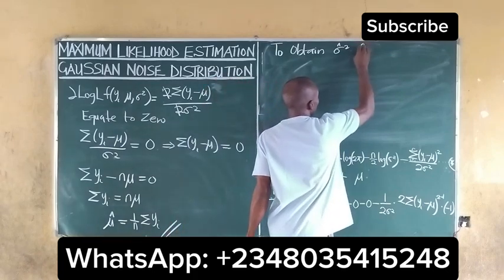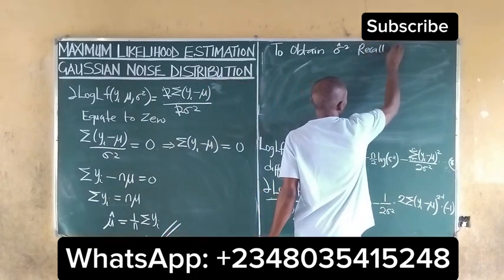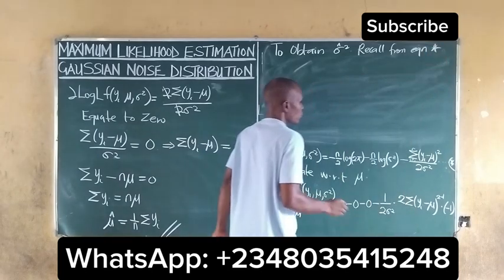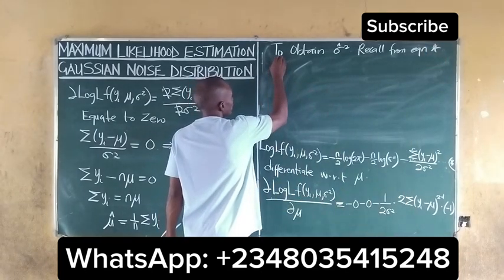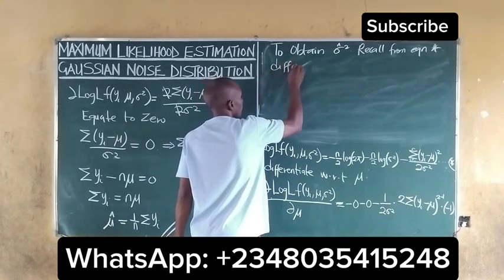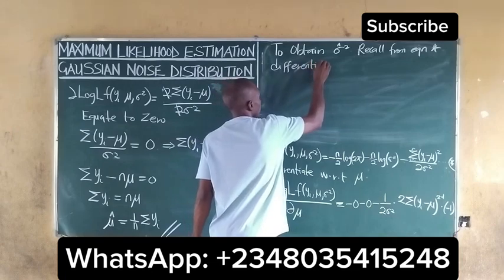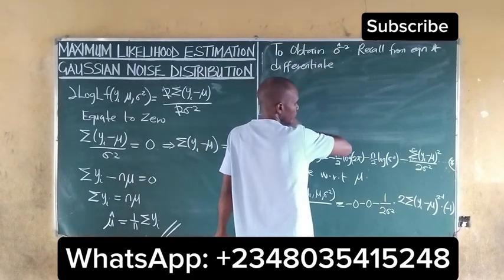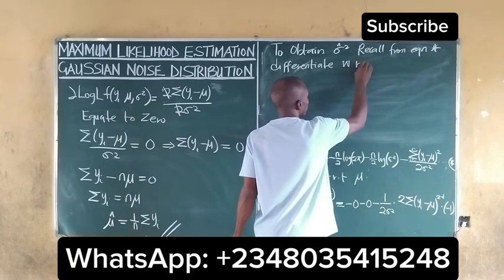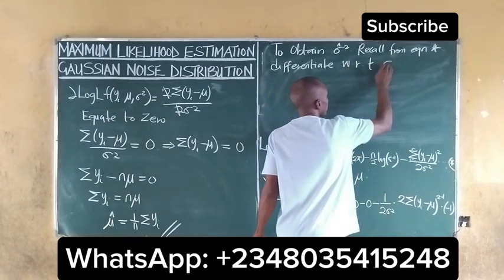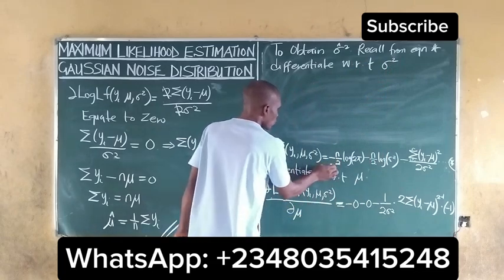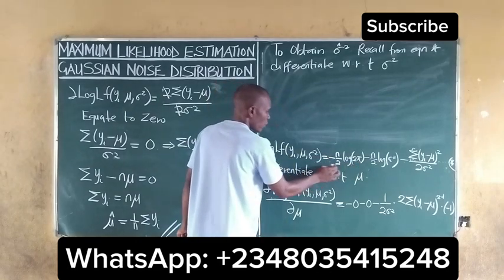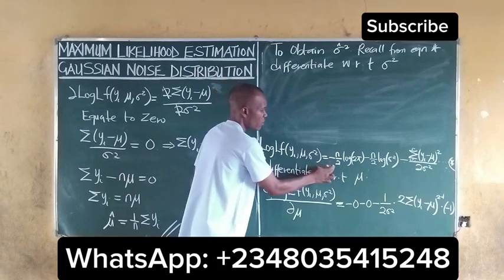we recall from equation star. From equation star, we differentiate with respect to sigma squared. Of course, the whole of this will give us 0 because there is no sigma squared parameter here.